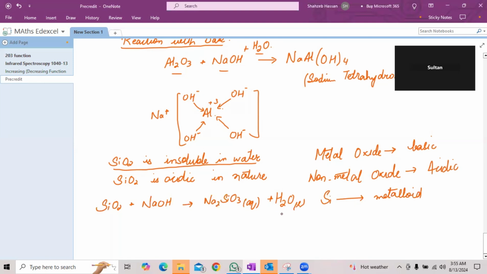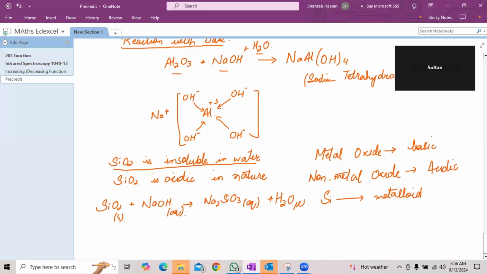So this is in aqueous form, this is in liquid form, and this is silicon dioxide, which is in solid form. They form this salt, which is sodium silicate, in aqueous form. So this is basically its equation.